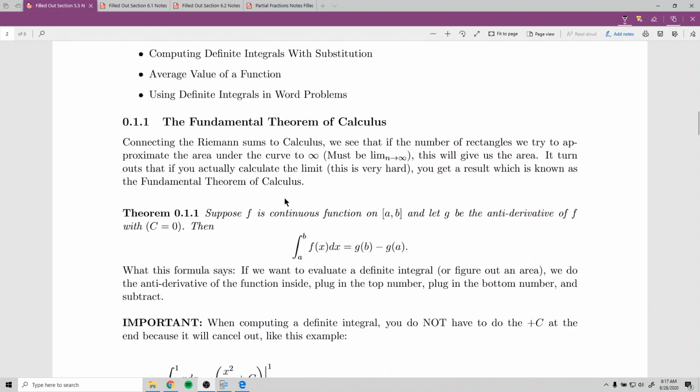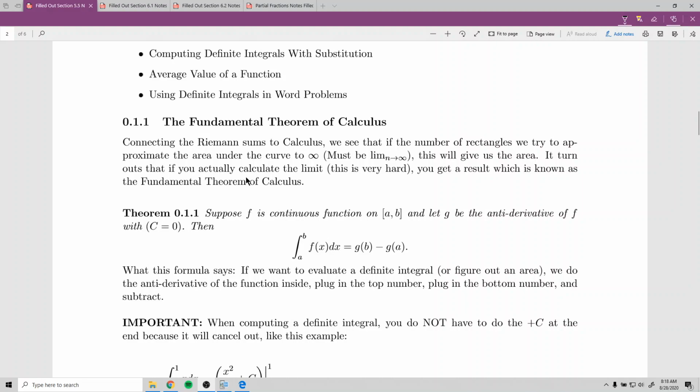But the first thing, the fundamental theorem of calculus. Recall from last section 5.4 that the Riemann sums, those were the areas of the rectangles. We tried to approximate the area between our function curve and the x-axis with these Riemann sums.